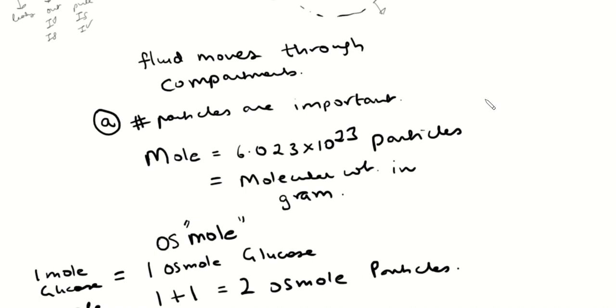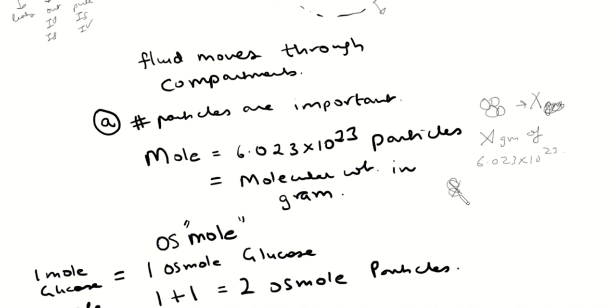If I have a molecule that weighs X grams, that molecule's molecular weight is X. X grams of that molecule will have 6.023 into 10 raised to the power 23 particles.